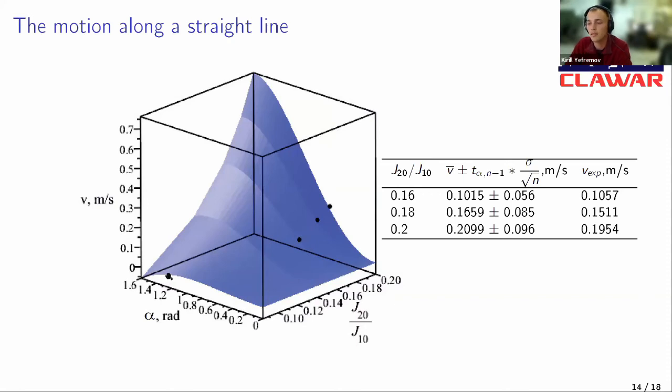In practice, it means movement backward. On this part of this graphic, we move forward, and after 1.0 radian amplitude, we move backward. With one mechanical initial condition, we can move forward and backward.